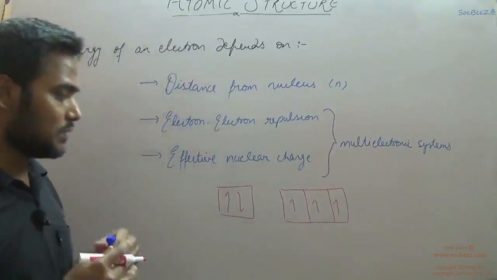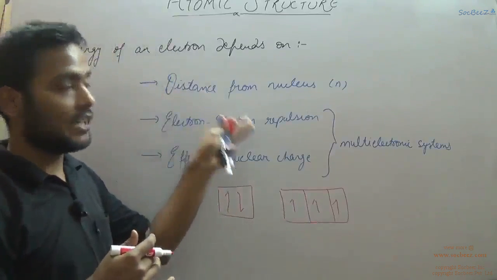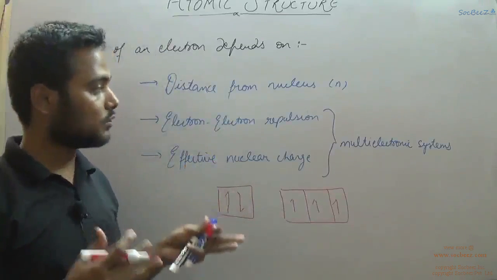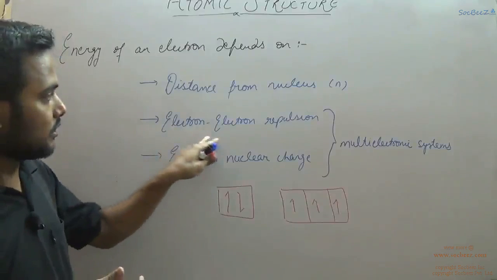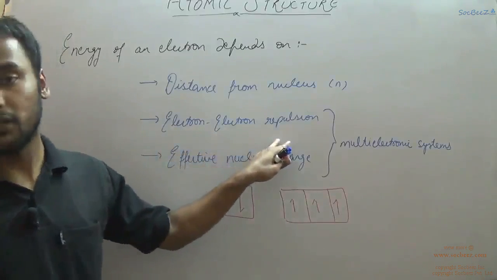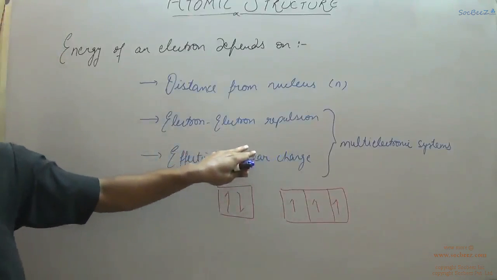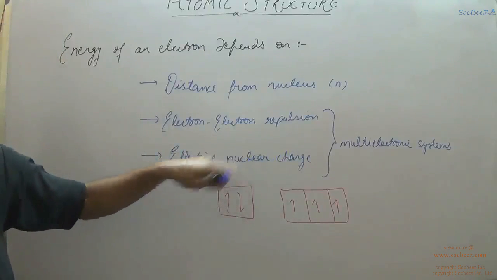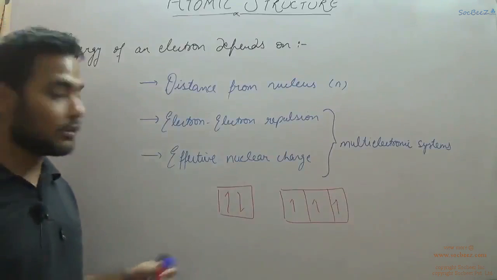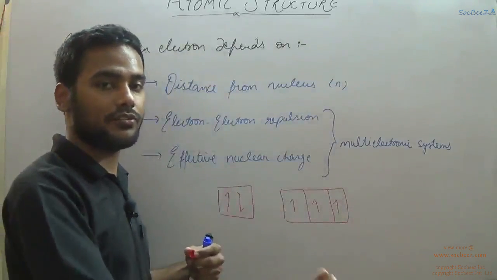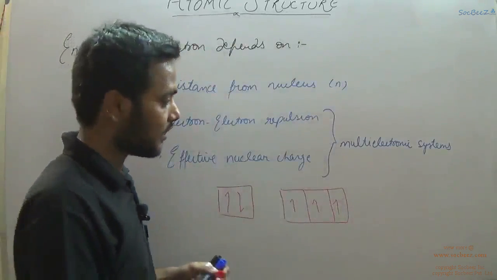Therefore there must be some other factor besides n on which the energy of an electron depends. The second thing is electron-electron repulsion. And now the effective nuclear charge. As we move away from the nucleus, in a multi-electron system there must be some electrons in front of the electron we are considering.